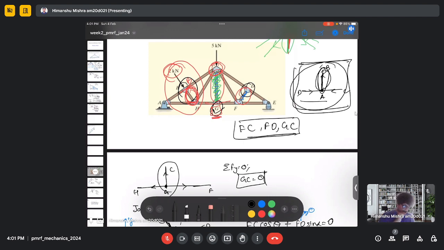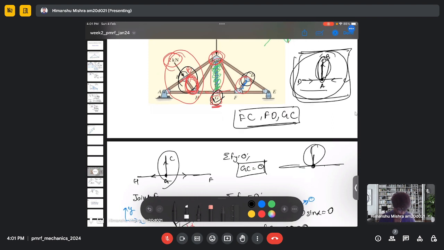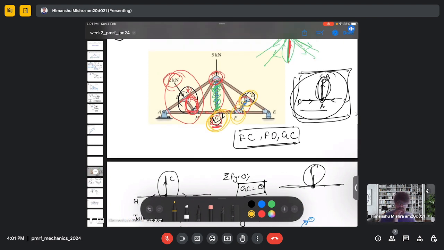And by inspection you can easily identify the zero force member if you have cross members like this. So in the vertical one the force will be 0. But it's always better to choose joints like G, F, T, where the external forces are not there. In those cases, you may find the zero force member.